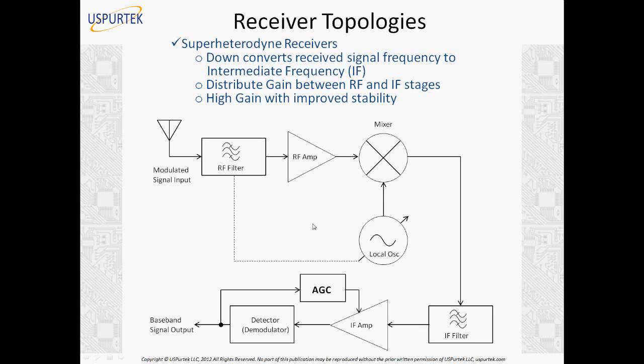We distribute the gain between two stages, RF and IF, and that also makes it more stable, because high gain amplifiers can cause instability too. As we've seen before, if the input signal overshoots into the nonlinear region of the amplifier, it can cause harmonics, distortion, and so on. So to keep that in check, we distribute the gain in two stages, RF and IF.